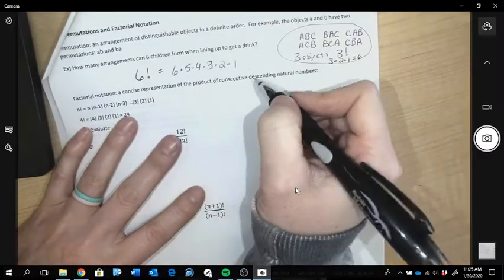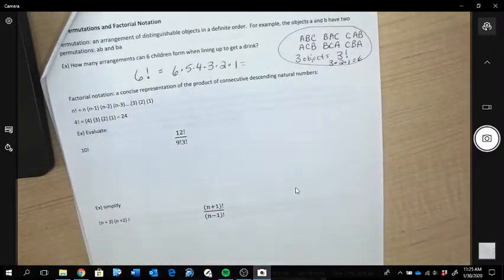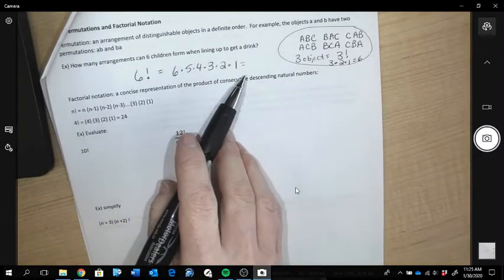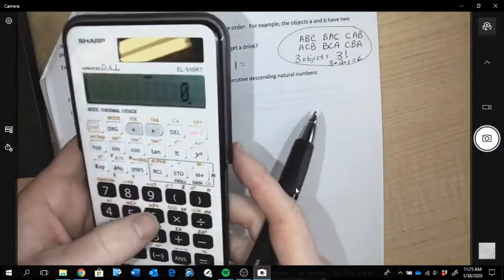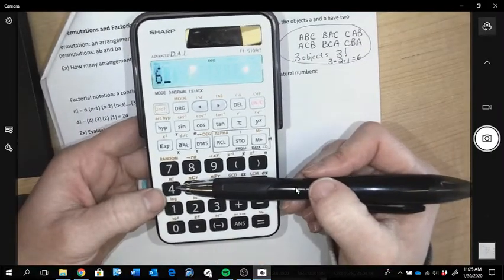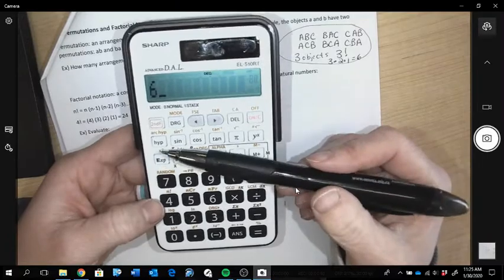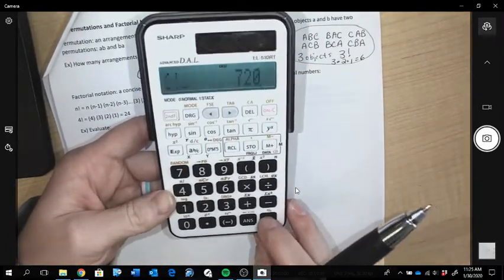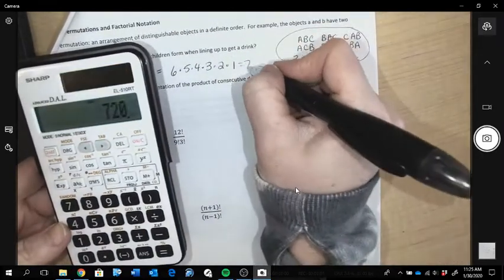Okay, so 6 children rearranged, 6 factorial. But you don't have to type all that in, 6 times 5. There's a factorial button, second function, and it's 720.